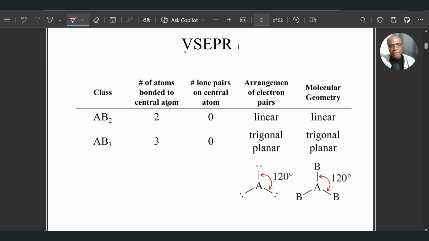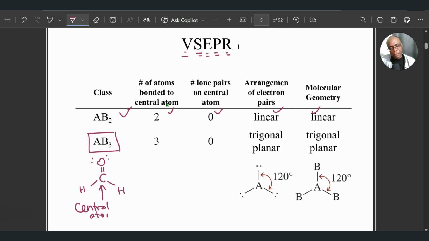Continuing with valence shell electron pair repulsion theory, let's look at AB3. We are done with AB2. I've given you examples. AB3 without a lone pair, an example is going to be formaldehyde. So the central atom does not have a lone pair. The central atom is the carbon. Now remember what I told you.